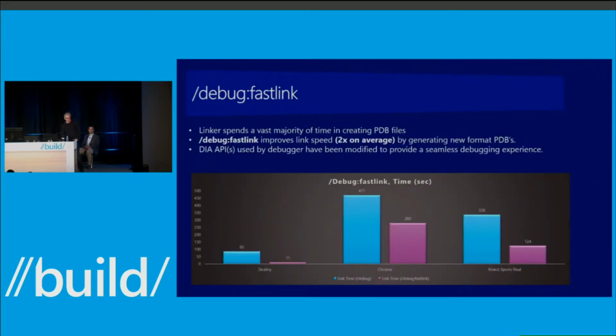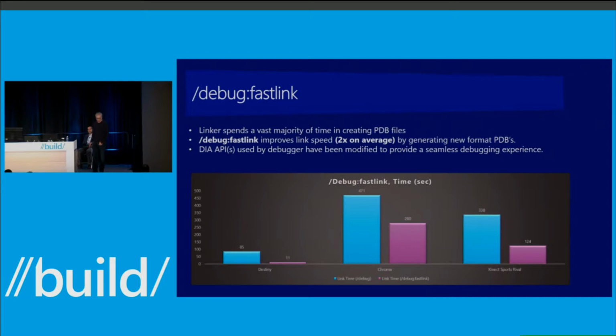And then we have a new debug fast link, which is really something people have been screaming for. Basically, the linker spends most of its time generating our PDB files. We have an incredibly rich debugging experience, but to support that, we have to generate pounds of information.